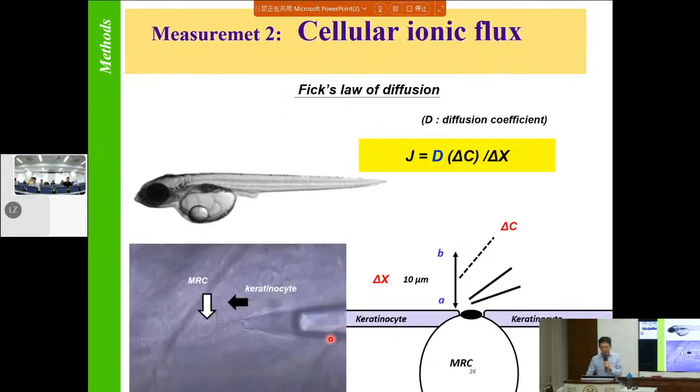This is a mitochondria-rich cell, and this is the glass pipette. When we move near or far away from this cell, we can calculate the concentration difference of a specific ion, and then measure the ion influx or efflux.